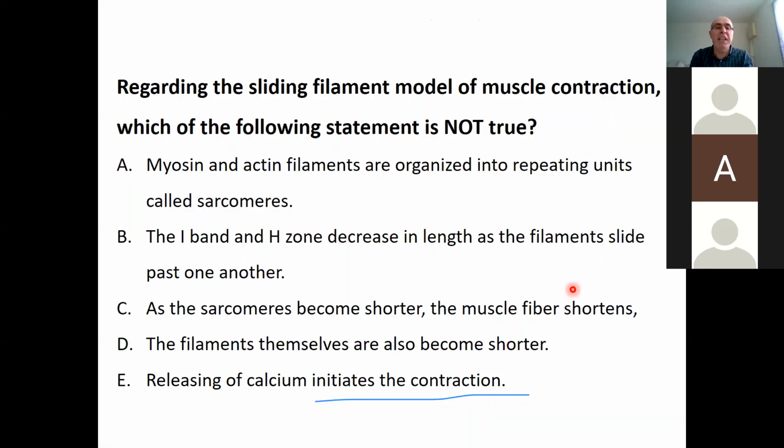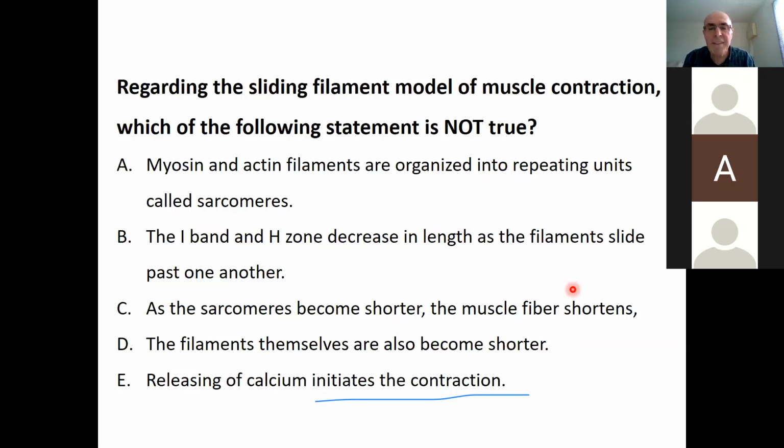Myosin and actin filaments are organized into repeating units called sarcomeres. This is correct. And the I band and H zone decrease in length as the filaments slide past one another. This is also true. As the sarcomere becomes shorter, the muscle fiber shortens.